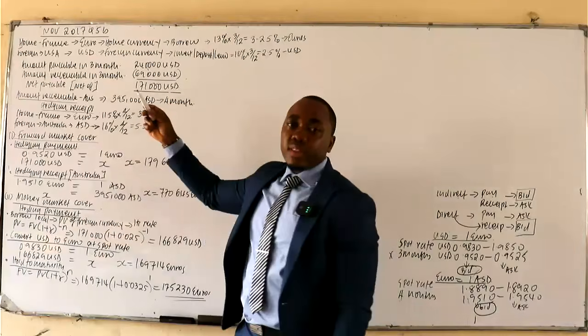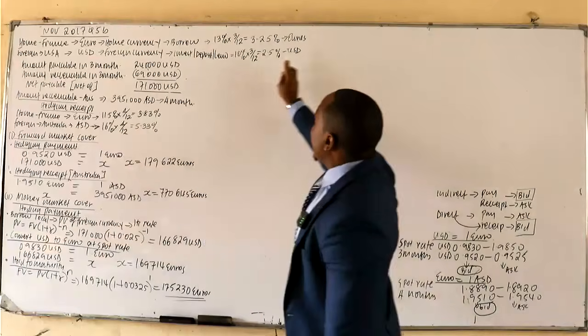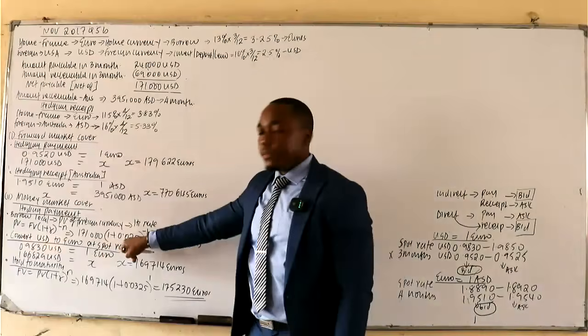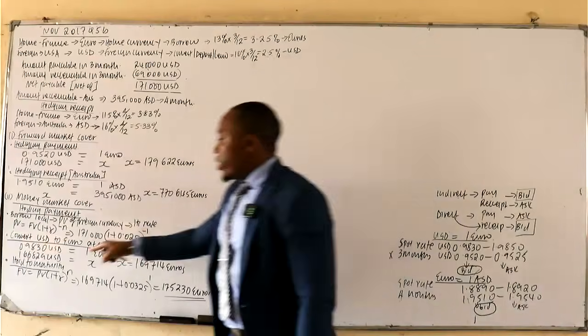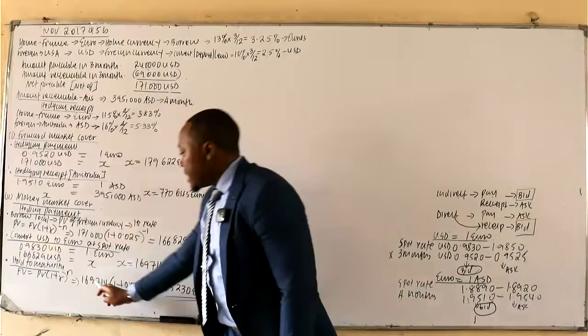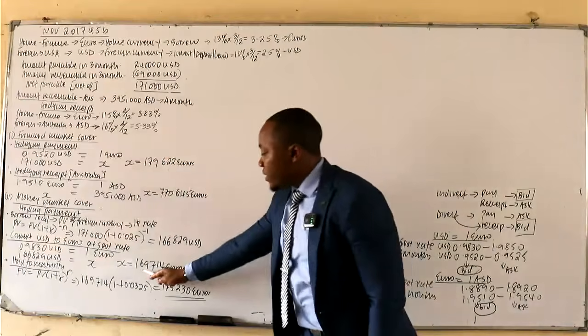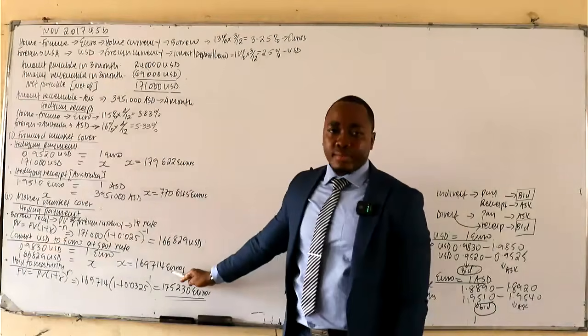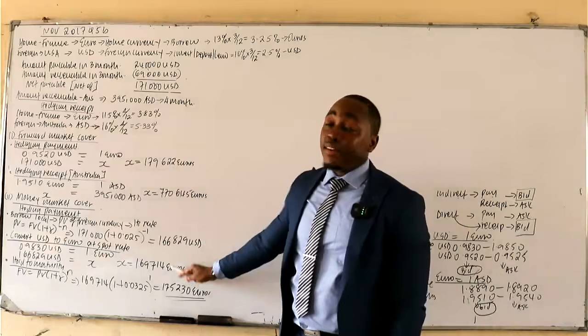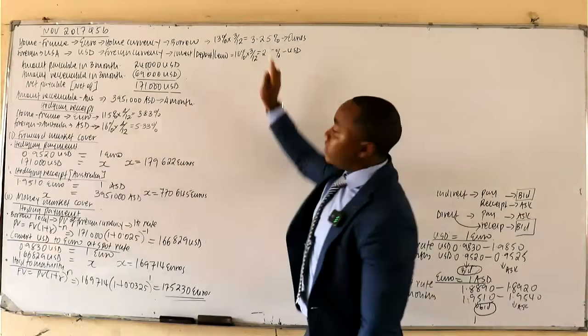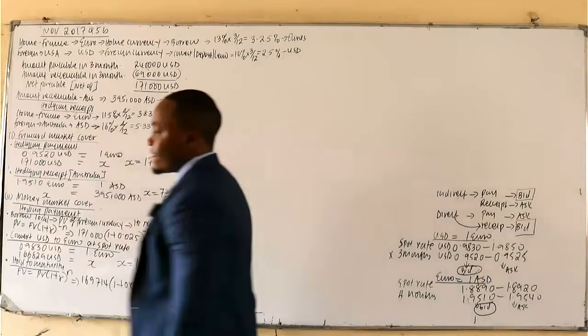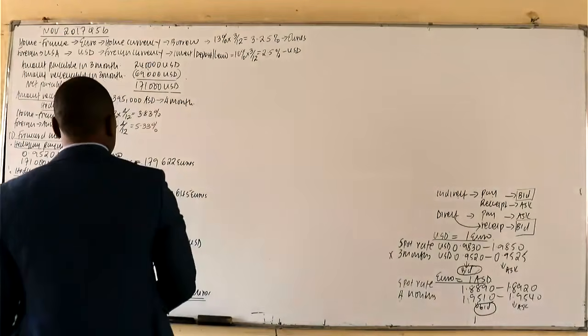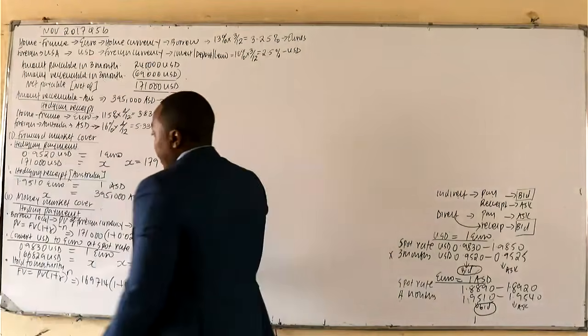So we use the rate of USD, and that's what we have done, 2.5. When you're holding this amount to maturity, this 169,714, these are euros. So you use the euro rate. And the euro rate here we have is 3.25. Good.